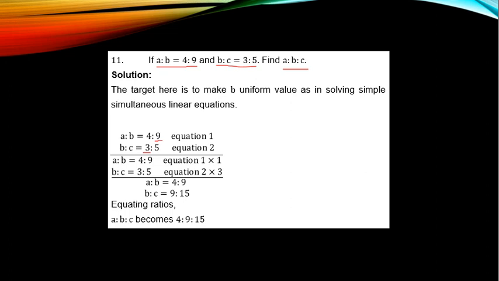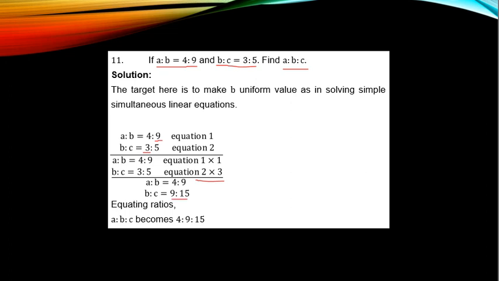And that is what you have here. As you are doing that, you multiply equation 1 by 1 so that 9 remains as 9. So multiply equation 2 by 3, you have 3 times 3 is 9, and 3 times 5 is 15.